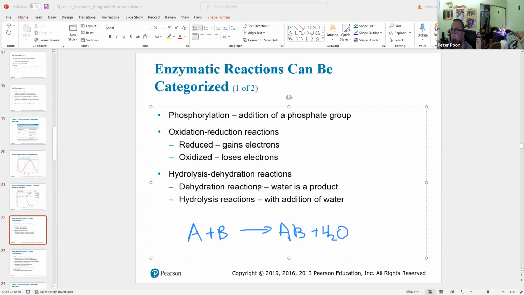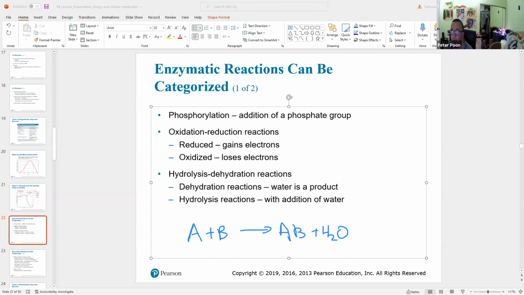That is a dehydration reaction. I am getting water out as a product. I'm removing the water from A and B and using it to put them together, and I come out with water.